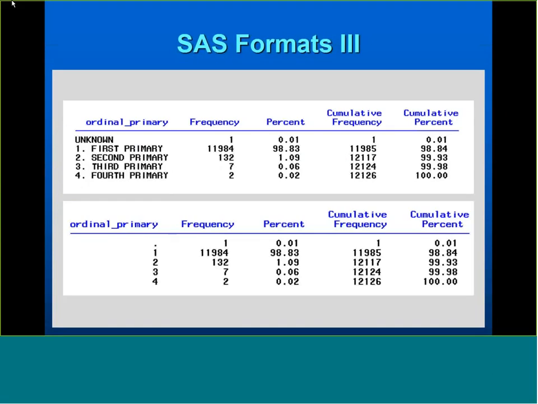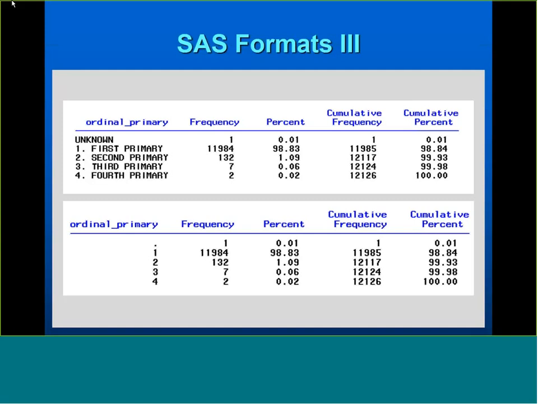So just to give you a little example of what this may look like. Here's an example of what ordinal primary looks like. On the bottom of the screen is what it would look like without the format statements. There's 1 missing, there's 11,984 who have a first primary, 132 who have a second primary, 7 who have 3 primaries, and 2 who have 4 primaries. It's probably reasonably self-explanatory with ordinal primary.